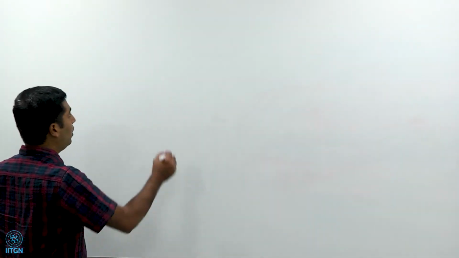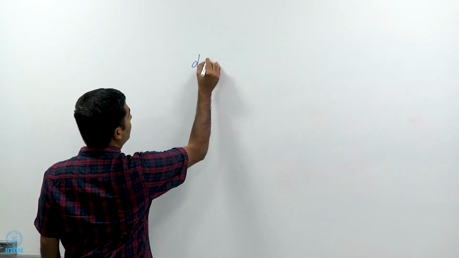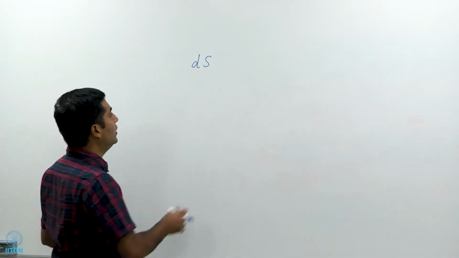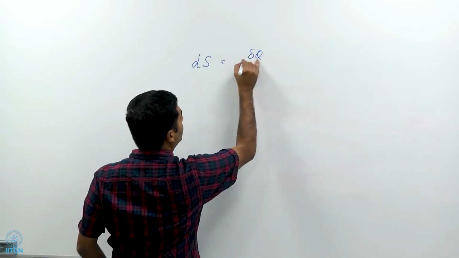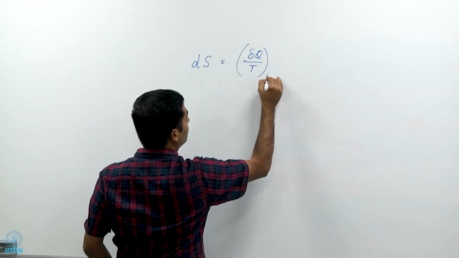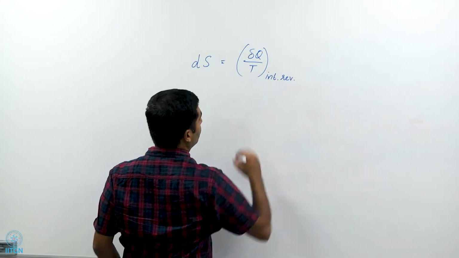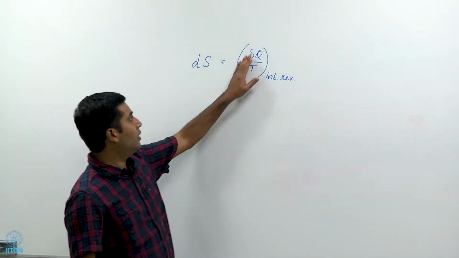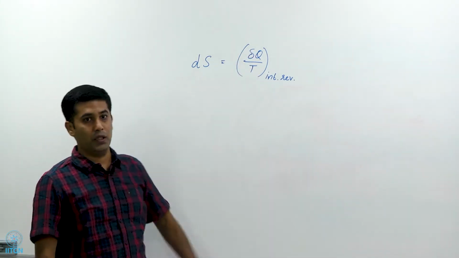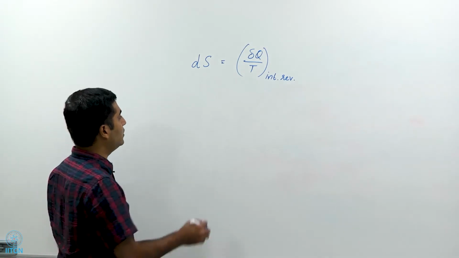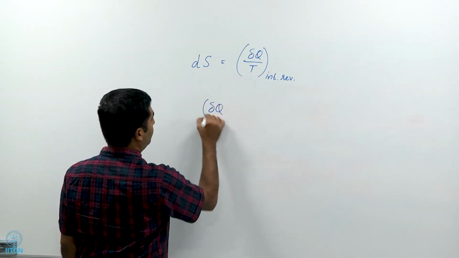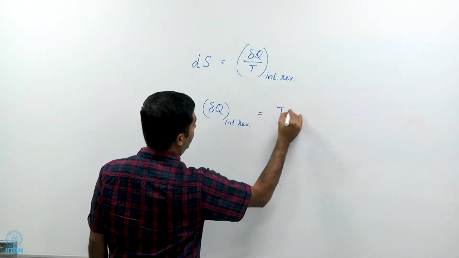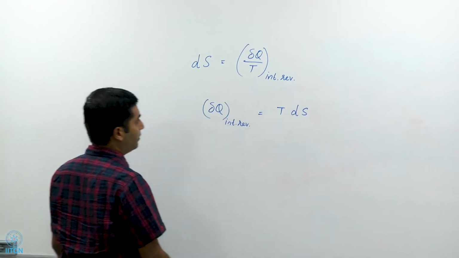So recall that dS, which is the differential change in entropy, is equal to delta Q by T, internally reversible, right? So if we had an internally reversible process and we did delta Q by T for that process, that would be equal to dS, which means that I can write delta Q internally reversible is equal to T dS, right?